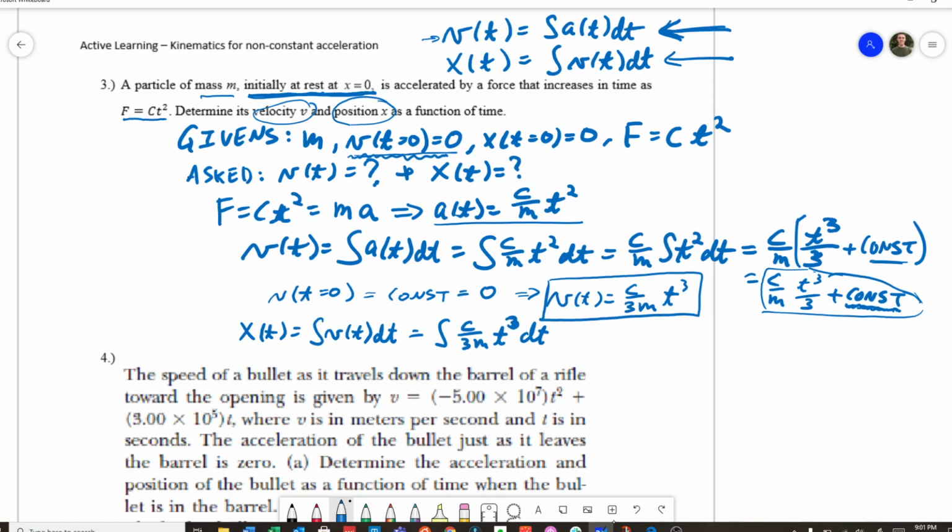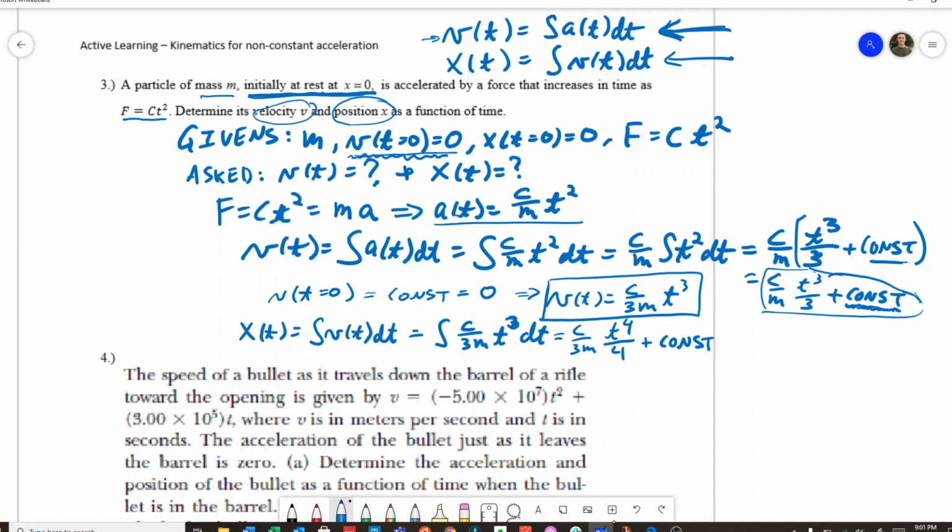The constant multiple can be pulled outside of the integral, and then I have the constant multiple times the antiderivative of t to the third dt, and of course that would just be c over 3m times t to the fourth over 4, plus some constant value.